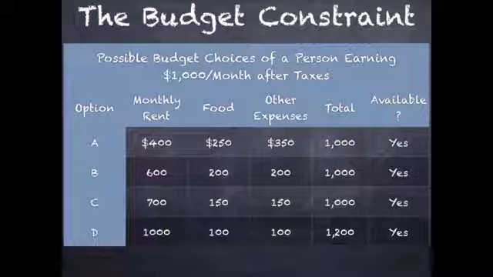So that is available to them. And we can go through all of these multiple combinations. B, the individual spends $600 per month on rent, $200 on food, and $200 on other expenses. So all of these are options that are available to them.